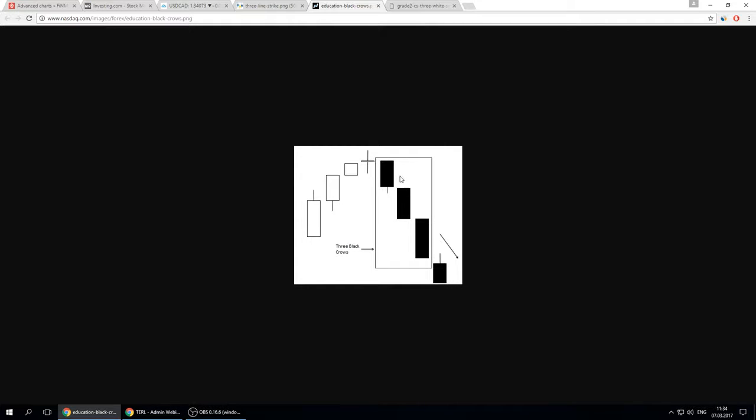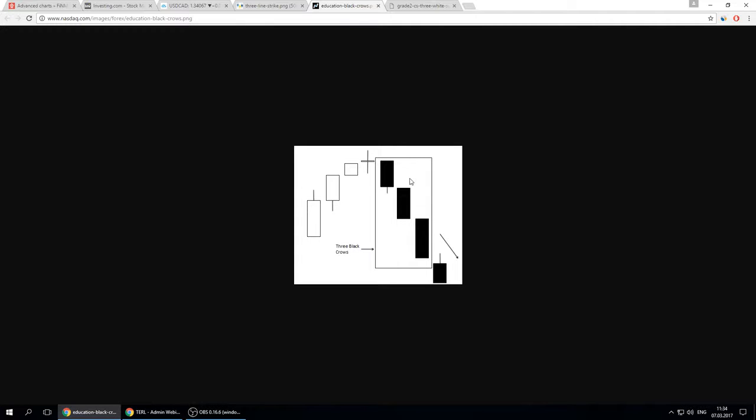It can end before that, earlier, within the body of the previous one, but the close should be lower than the close of the previous candle. So we see here that all 3 of these candles correspond to the description.